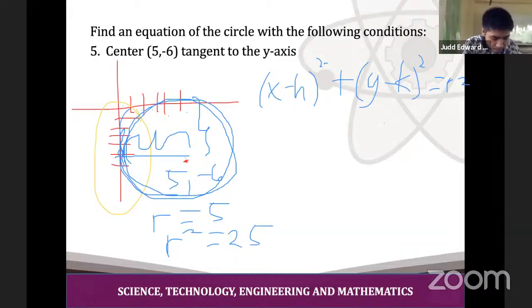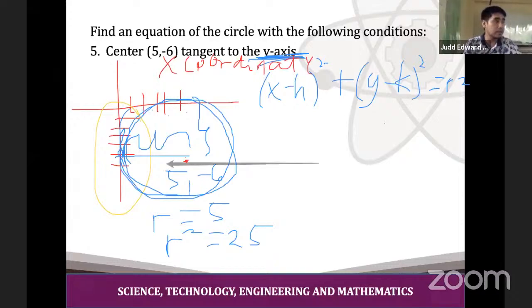Because the circle is tangent to the y-axis. Therefore, if tangent siya sa y-axis, ang gagamitin natin is x-coordinate. X-coordinate of what? X-coordinate of the center. Okay, sana maliwanag yun ha. X-coordinate of the center.